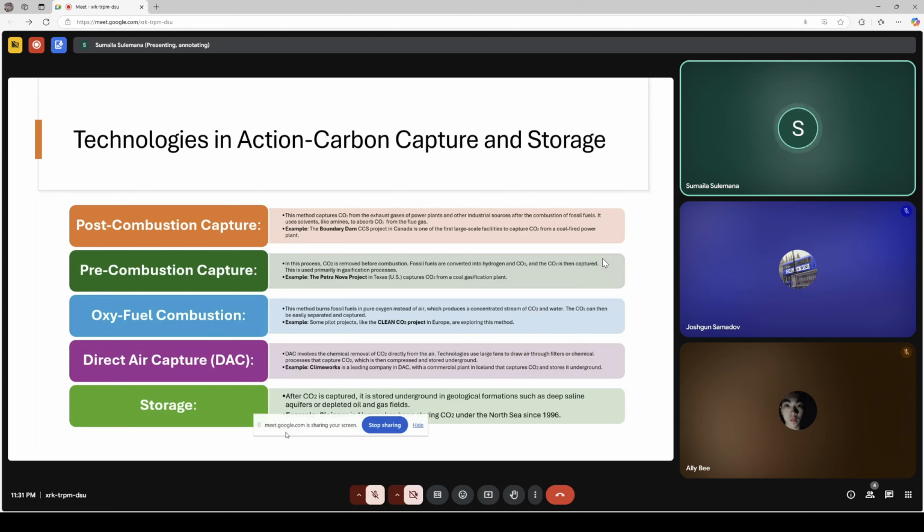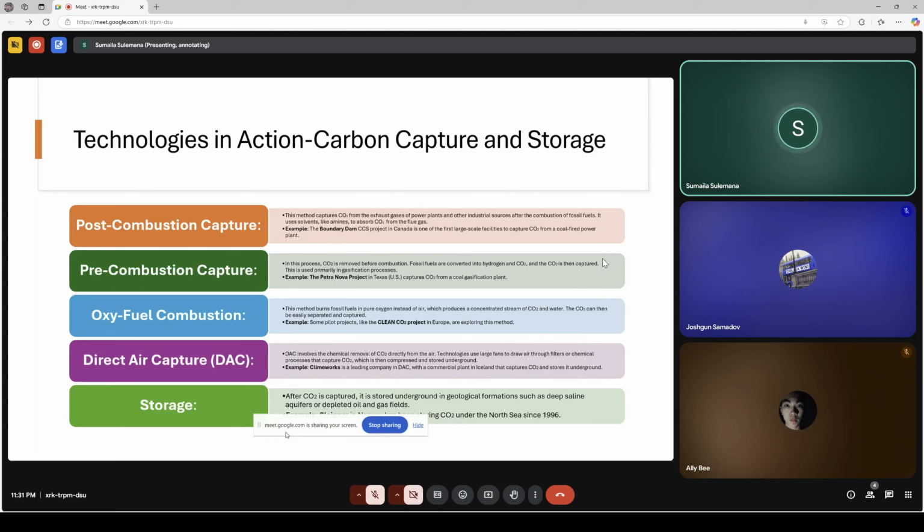So storage, which is the usual one: after CO2 is captured, it is stored in geological formations such as deep saline aquifers or depleted oil and gas fields, which I did mention. So Sleipner in Norway, hope I'm pronouncing the name rightly, has been storing CO2 under the North Sea since 1996.